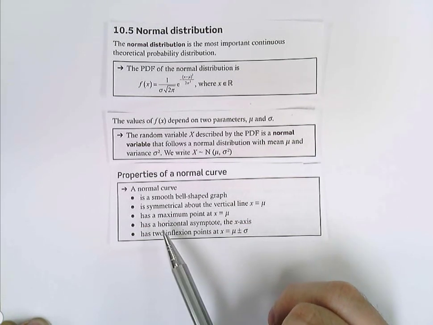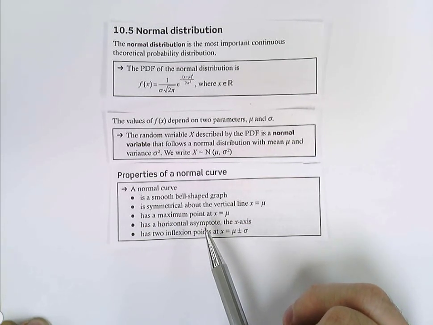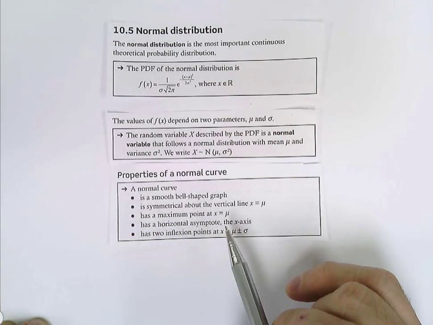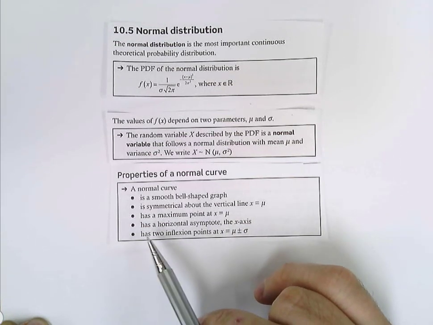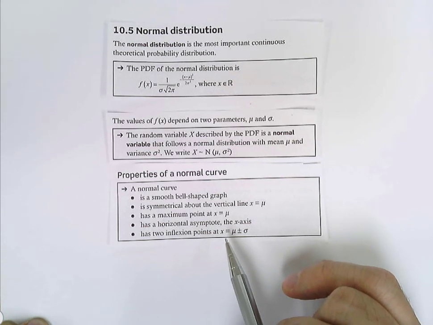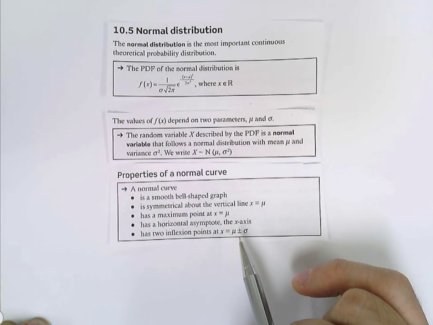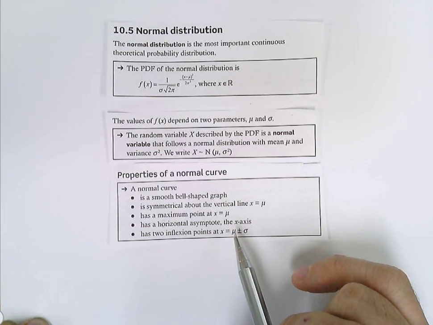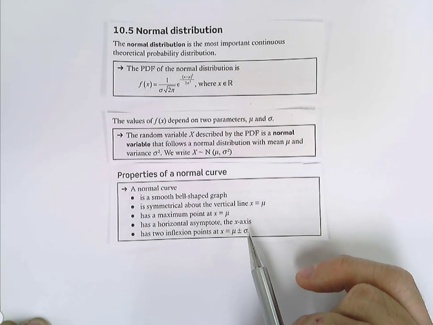It has a horizontal asymptote on the x-axis, and has 2 inflection points, right? So it changes from concave up to concave down, where x is equal to mu plus sigma, the standard deviation, or mu minus the standard deviation, right?